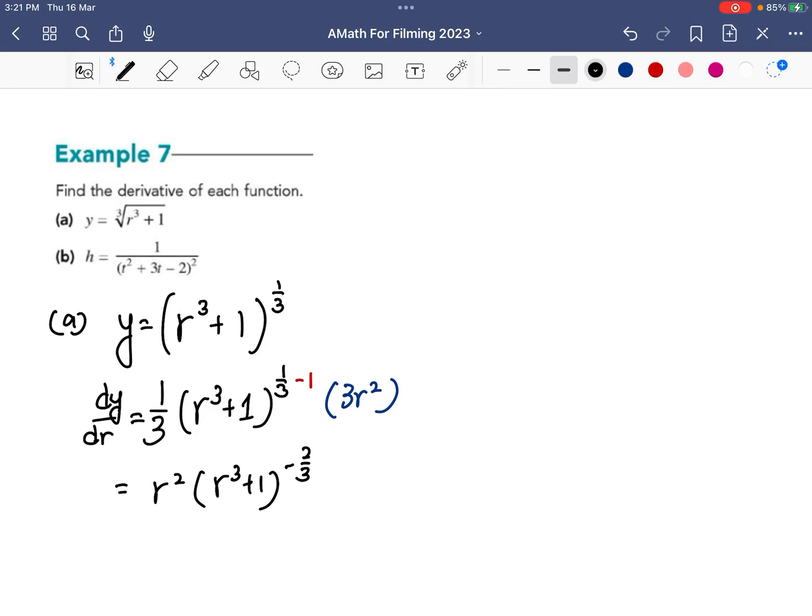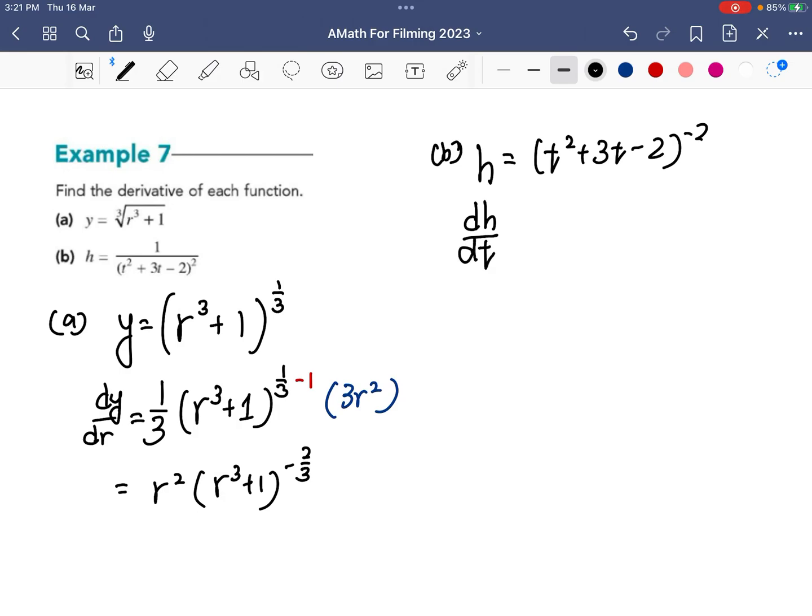Now I'll do part B for all of you. So similar, for part B, it works like this. This is h equals t squared plus 3t minus 2 to the power of negative 2. So now what will happen here is this: if I were to apply the chain rule, now I'm differentiating h, not y, differentiating h with respect to t, not x.